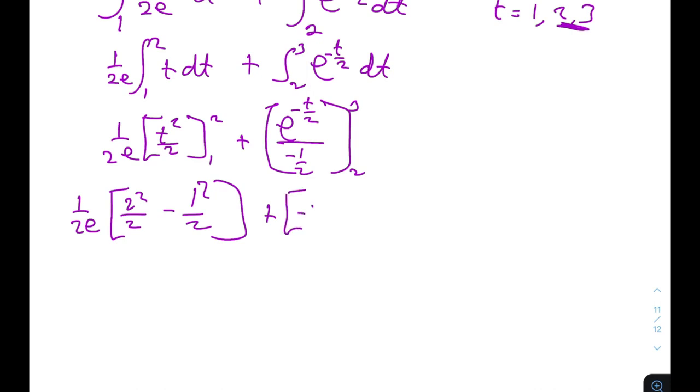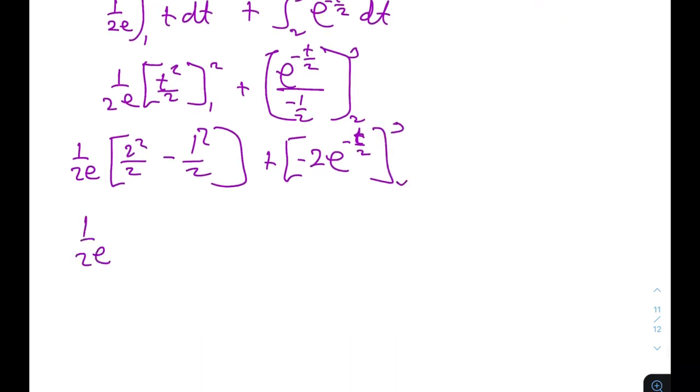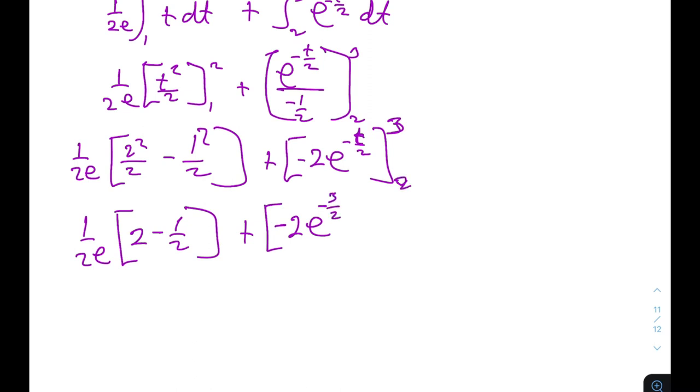Then we have plus, and this is basically going to be negative 2 e to the power of negative t over 2, from 2 to 3. Now, for this part we get 4 over 2, which is 2, minus a half. For the other part we get negative 2 e to the power negative 3 over 2, and then you subtract minus 2 into bracket e to the power negative 2 over 2, which is basically 1.